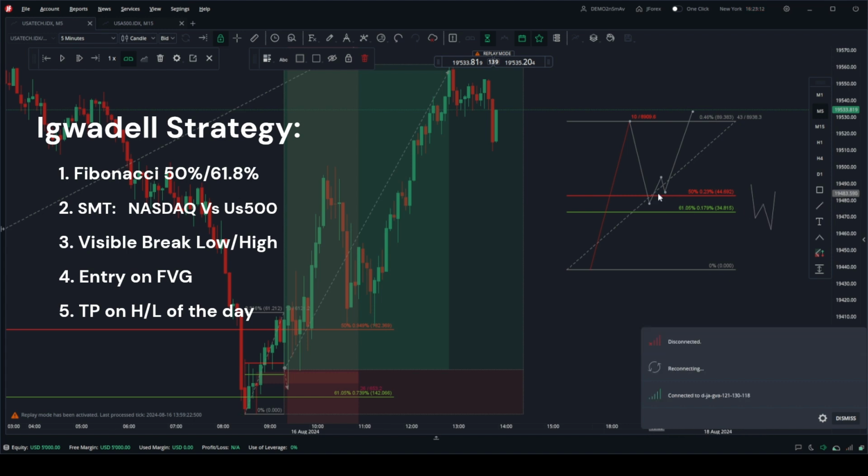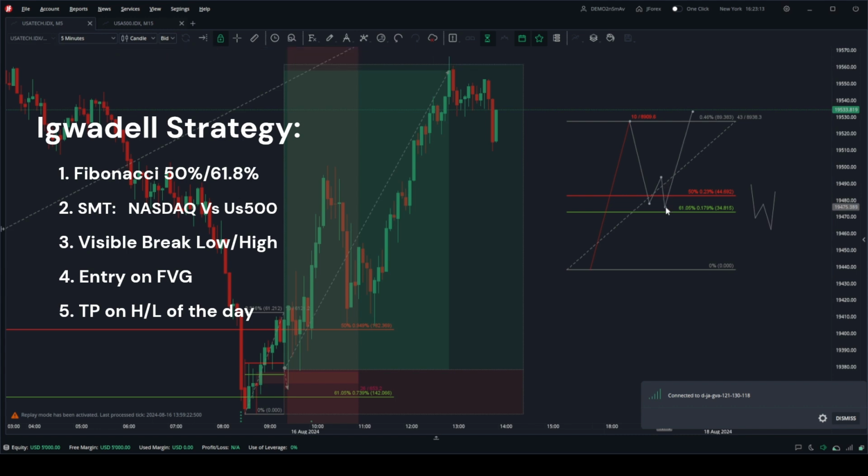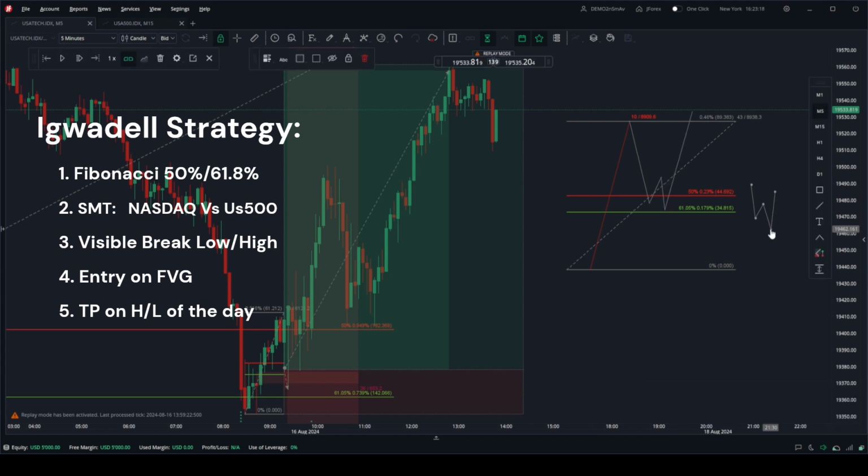This is a form of SMT. Or this one could be looking like this, and then on US 500 could be looking like this. This shows me the price is no longer continuing the trend, it is in reversal mode. So it is going to retrace back to the top of the day. This is one of the kinds of trades that I took.